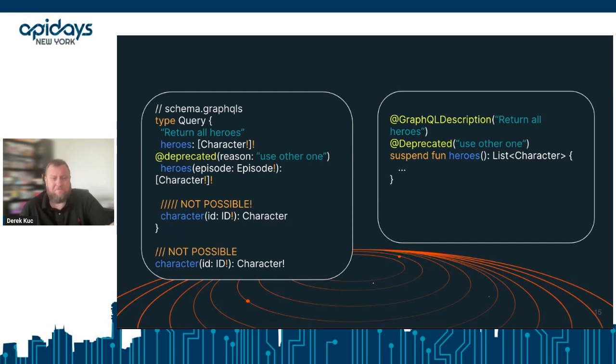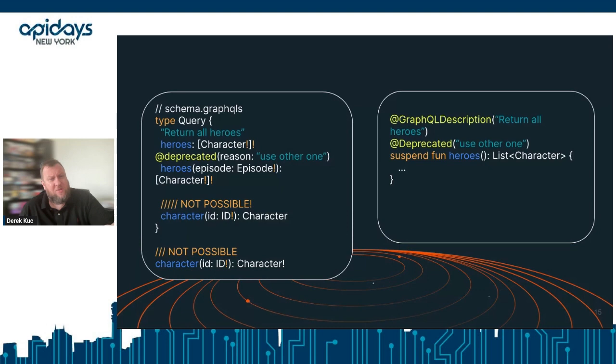But what about evolving the schema, right? So what if I want to add a new character query to my GraphQL schema? So it's pretty easy, right? I added it there on the left. But what if I forget to add the corresponding resolver, right? For queries, yeah, it's probably not going to happen.